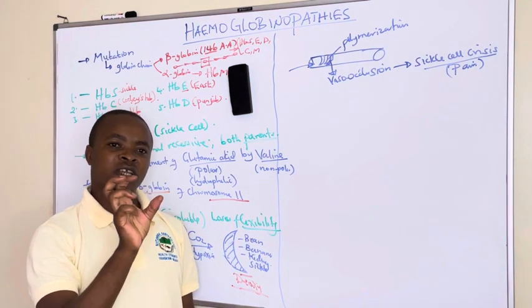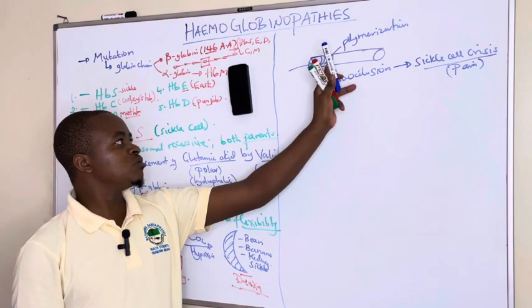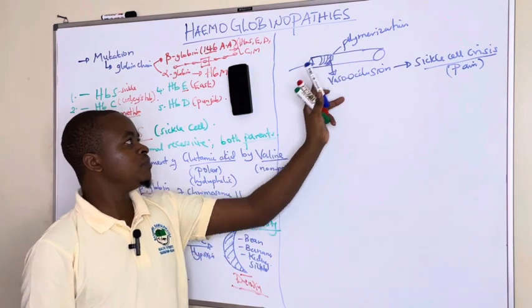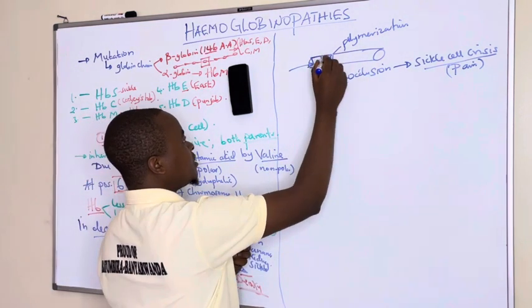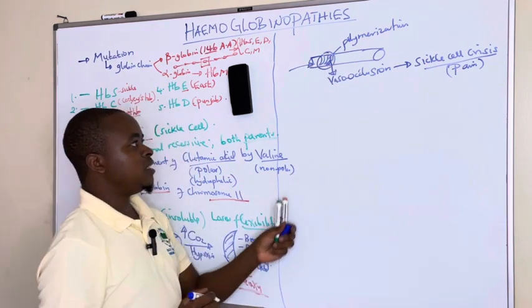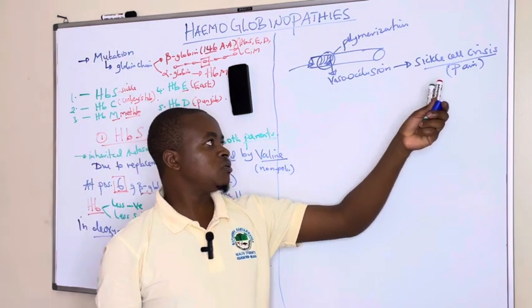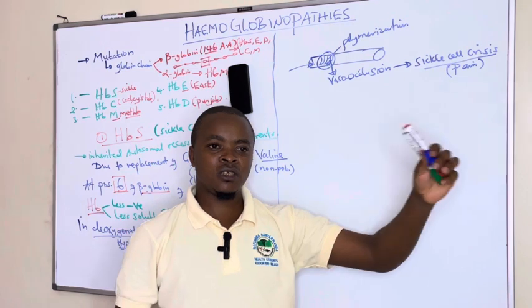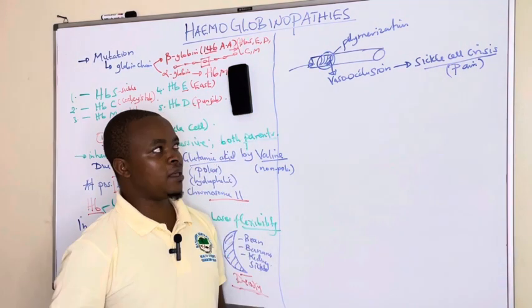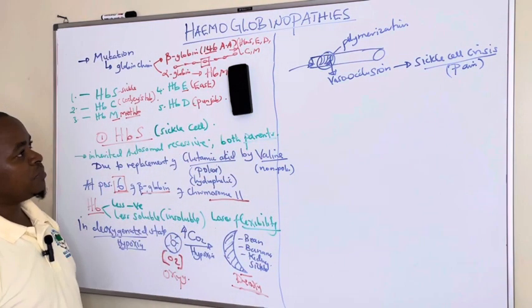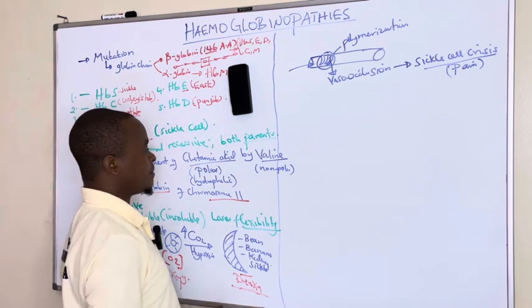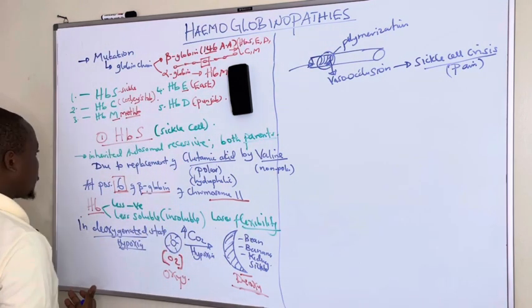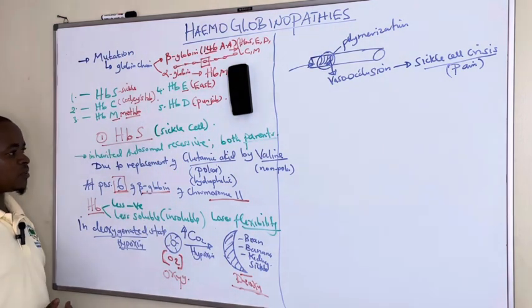Because they are rigid, they tend to occlude the endothelium, leading to polymerization and vaso-occlusion, which results in sickle cell crisis, always seen as painful episodes in sicklers. So that is what we can discuss about sickle cell, how it comes about.